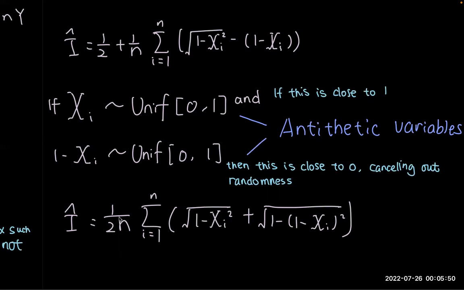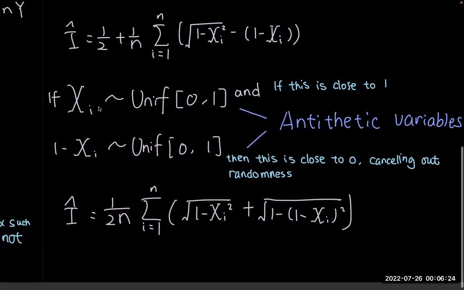So that is now you have both xi and 1 minus xi as a random sample, and when you sample n IID copies of xi, then you also have another n copies of 1 minus xi. So in total, you have 2n copies. And you look at the average of the function value of these 2n random samples. So that is summation over i from 1 to n, and then this is square root of 1 minus xi squared, and then this square root of 1 minus (1 minus xi) squared, another sample.